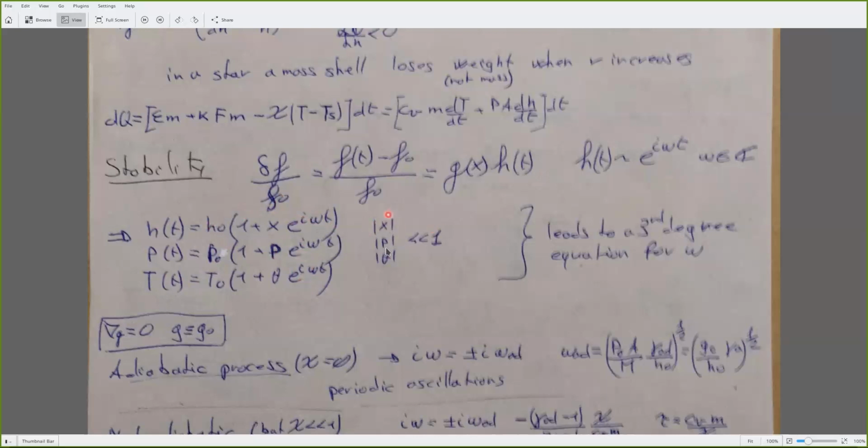With all of these values having absolute value much smaller than 1, this is what is called small variation, small oscillation. We just shift a little from the position and see what happens to the system. That's essentially what we want to know about stability.